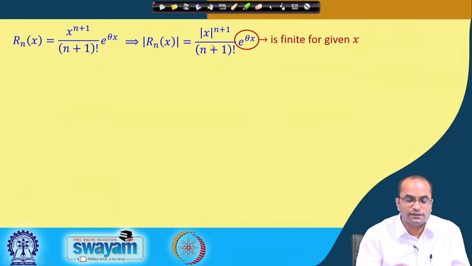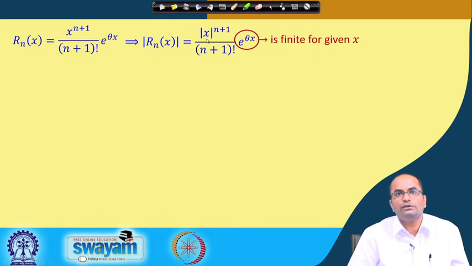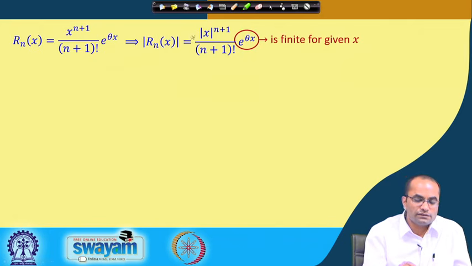We should notice that when n goes to infinity, this becomes infinity, and whenever x is, for example, a large number greater than 1, then this term is also going to infinity. So, we cannot simply say what will happen to this term when n goes to infinity. We have to carefully check this limit.